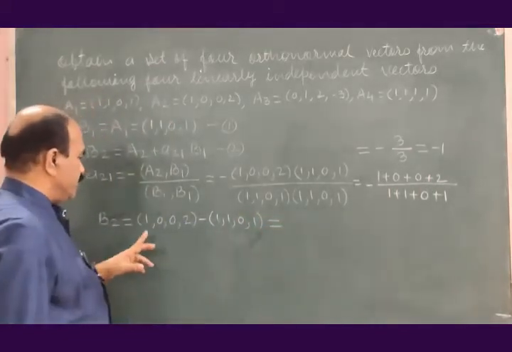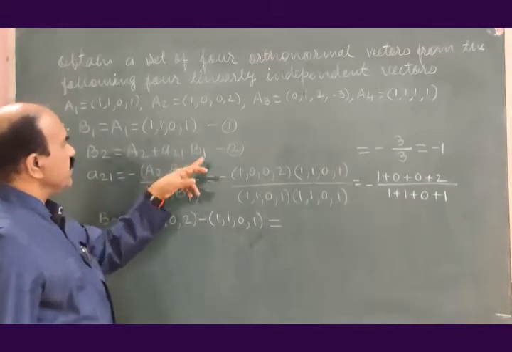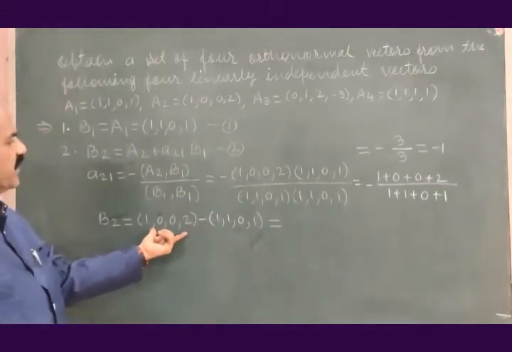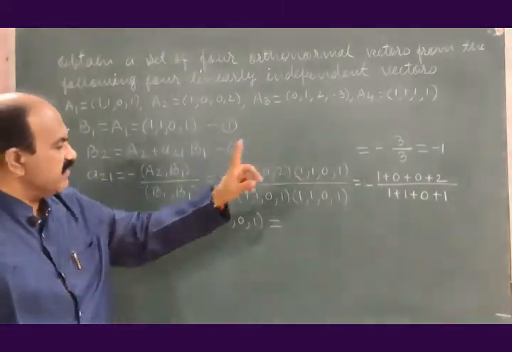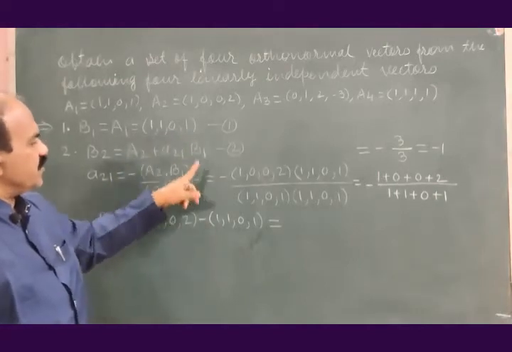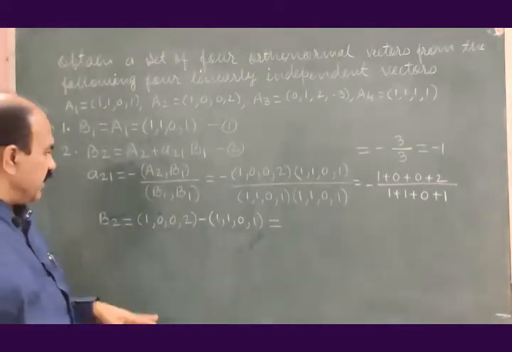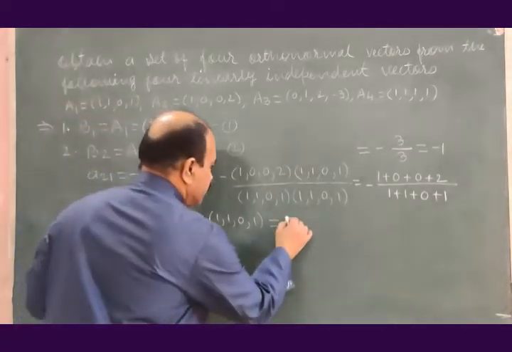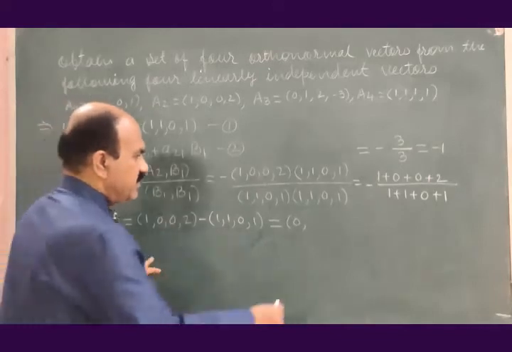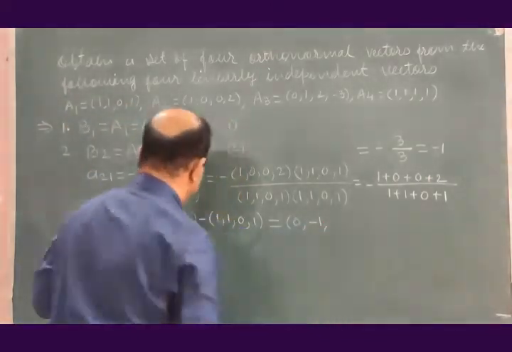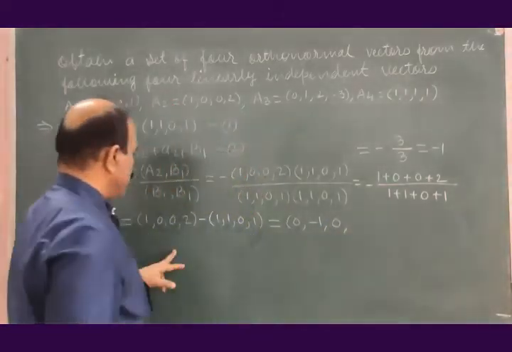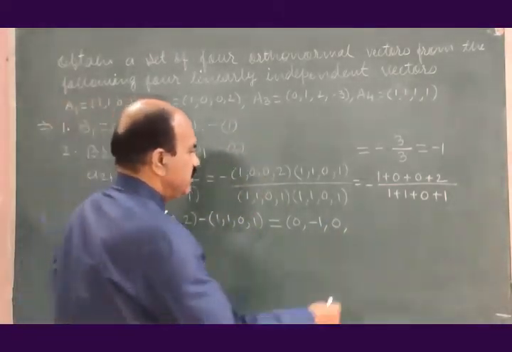This is equal to A2 plus A21 B1. A2 is substituted here, A21 is minus 1 substituted here, B1 is substituted here. 1 minus 1, 0 minus 1, 0 minus 0, 2 minus 1.